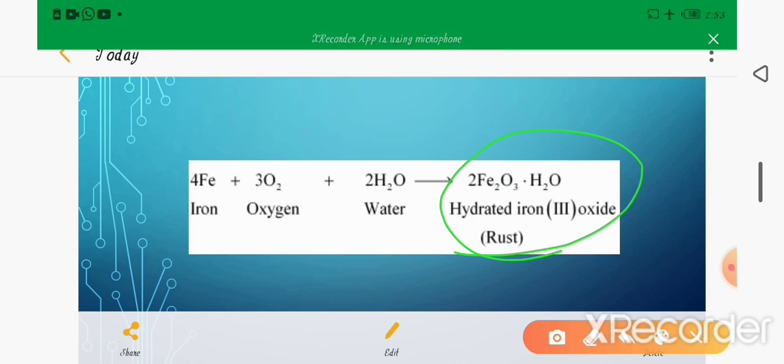This compound is known as rust, and the phenomenon is known as rusting. Iron combined with oxygen and water forms hydrated ferric oxide.